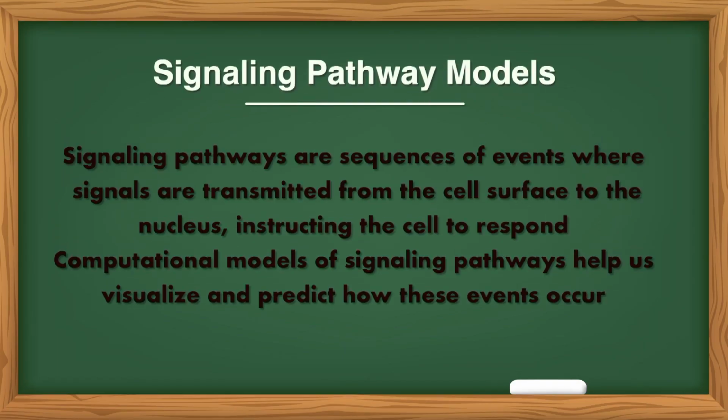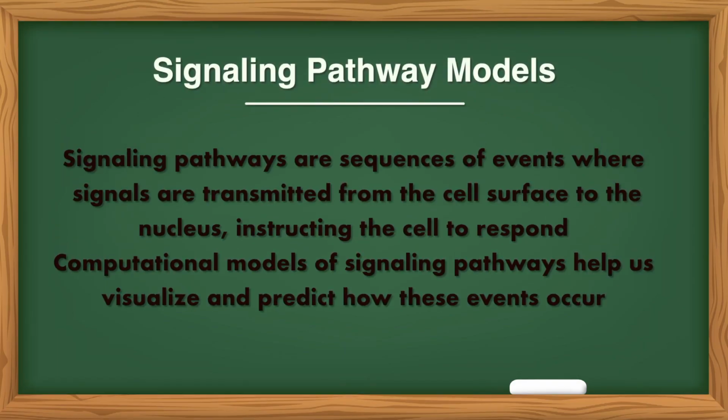Picture these models as maps detailing the routes and stops of a complex transportation system. Signaling pathways are sequences of events where the signals are transmitted from the cell surface to the nucleus, instructing the cells to respond to that particular situation. Computational models of signaling pathways help us to visualize and predict how these events occur.